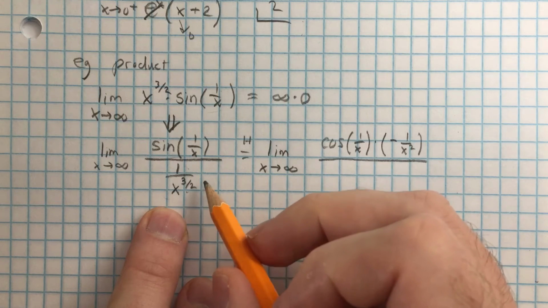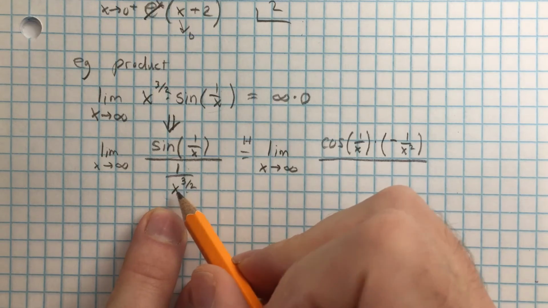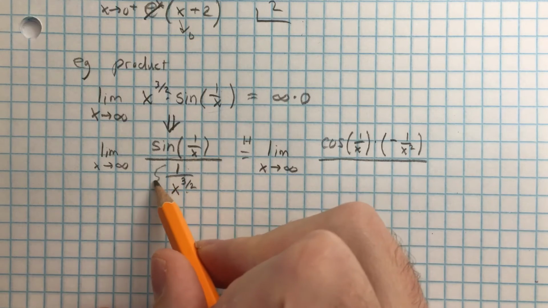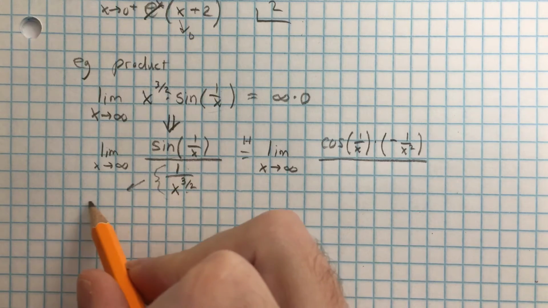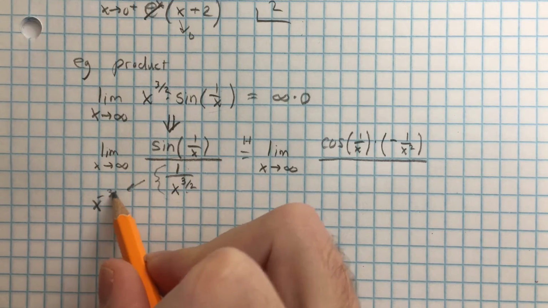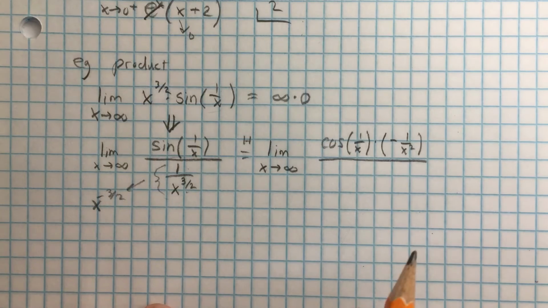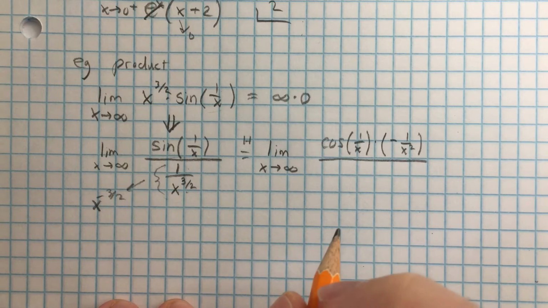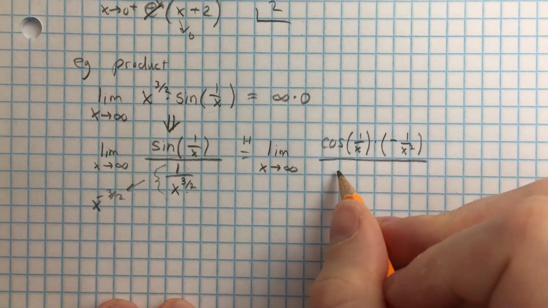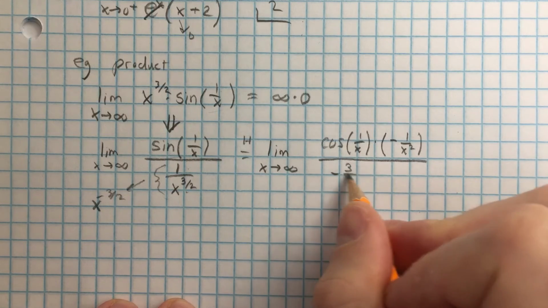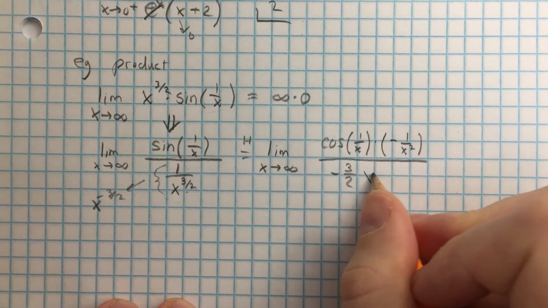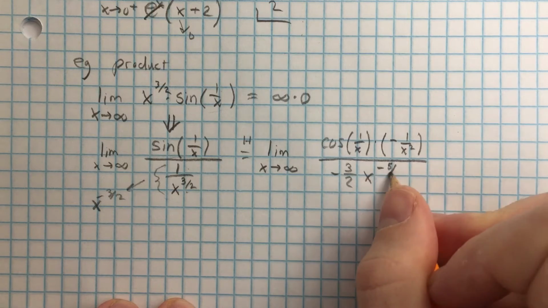you can deal with it a couple different ways. Let's just view it right now through the lens of being x to the negative 3 halves. When we do that, we'll use a power rule to get its derivative. So negative 3 halves x to the negative 5 halves.